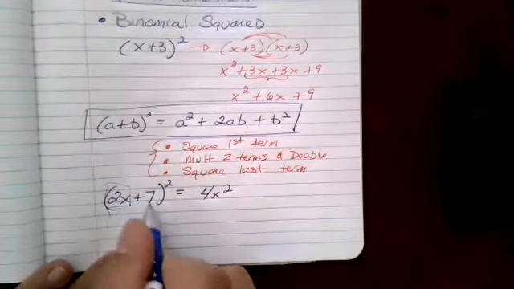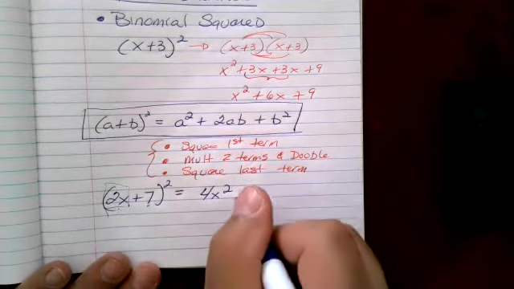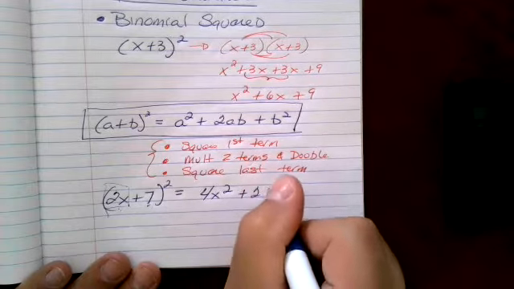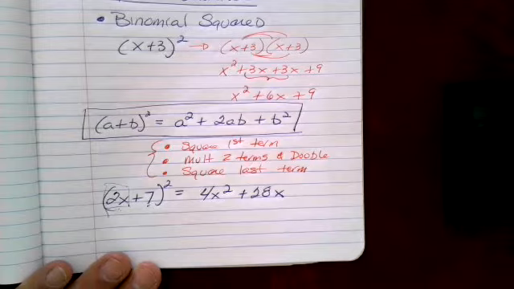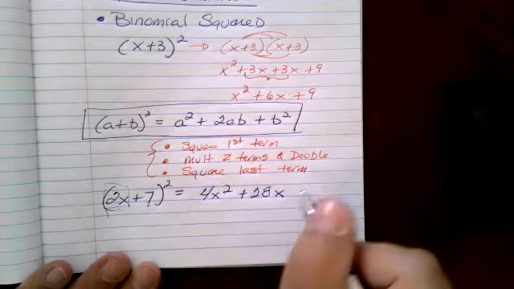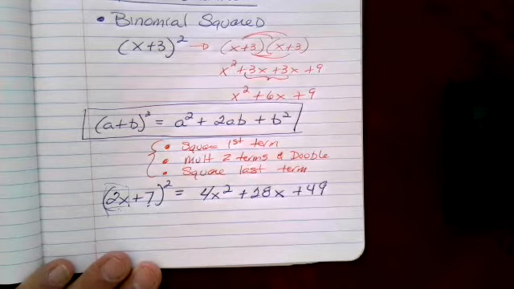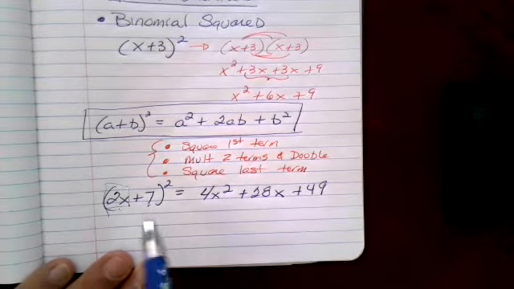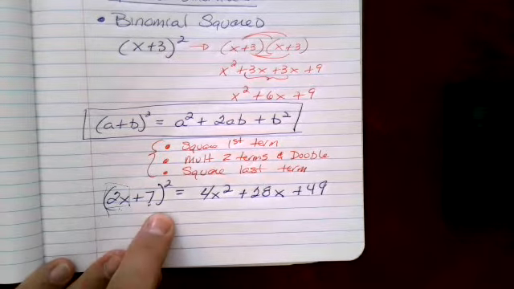I could multiply these two terms. 7 times 2x is 14x, and then double it. 14 doubled is 28. And then square my last term. 7 squared is 49. Square your first term, multiply your two terms and double it, and then square your last term.